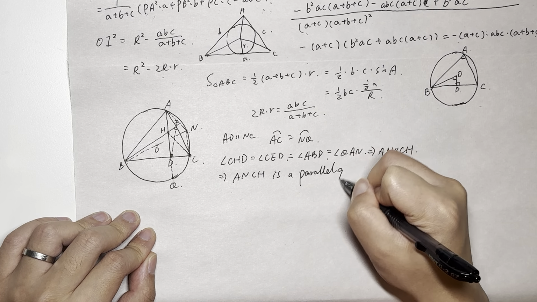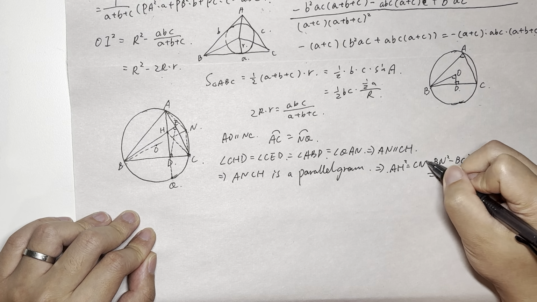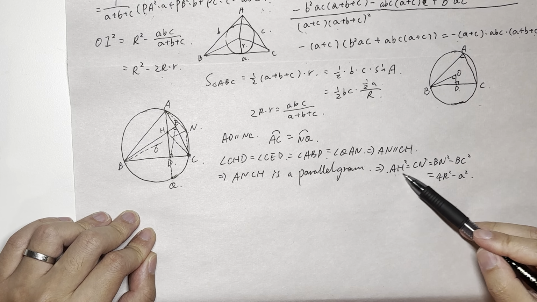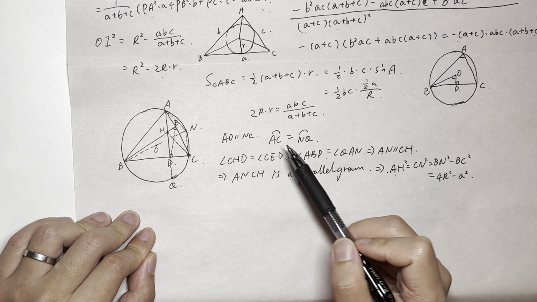So we know that AH equals CN, and AH square equals CN square equals BN square minus BC square. This one equals to this one just because it's a parallelogram.